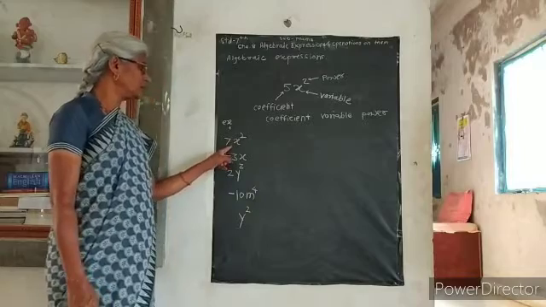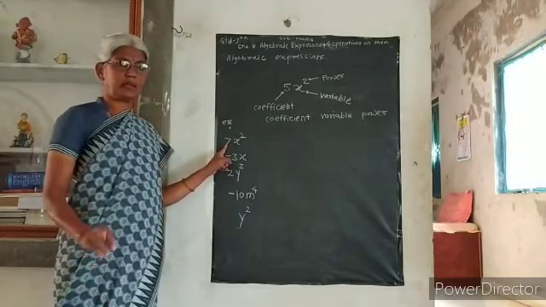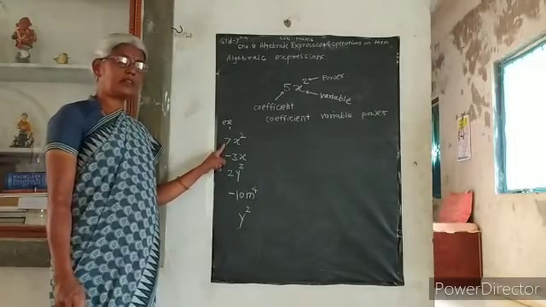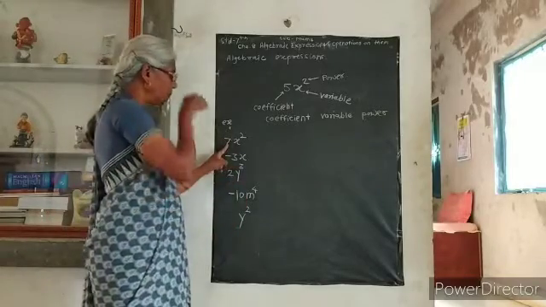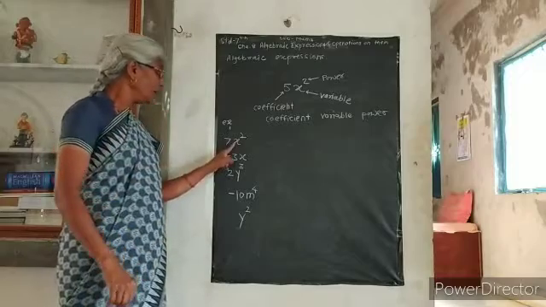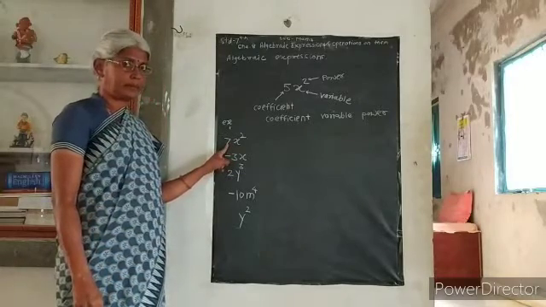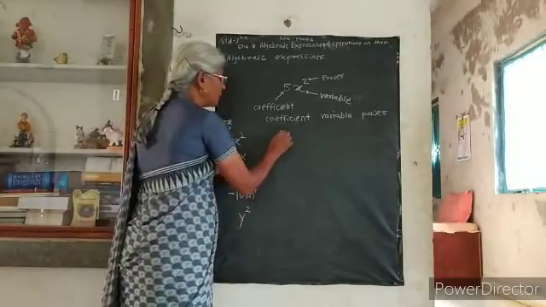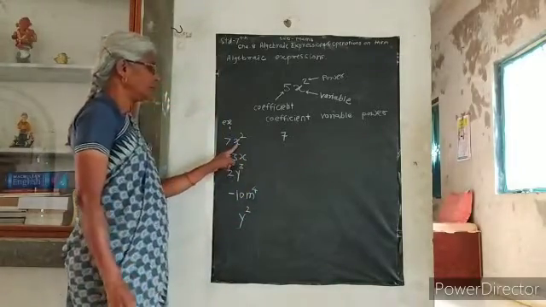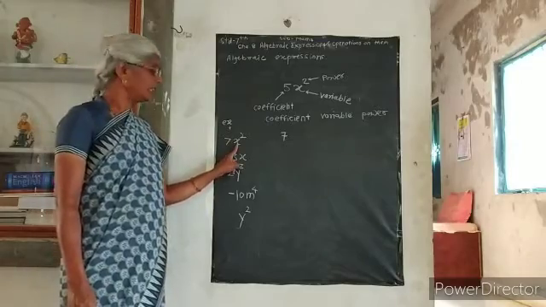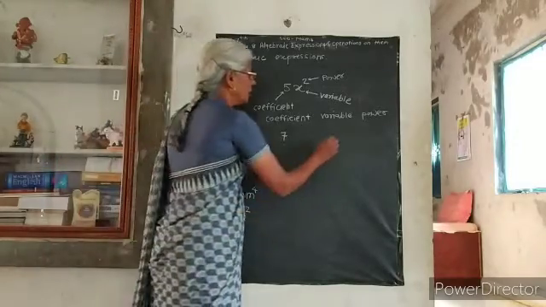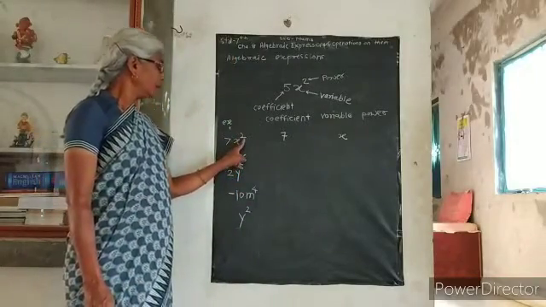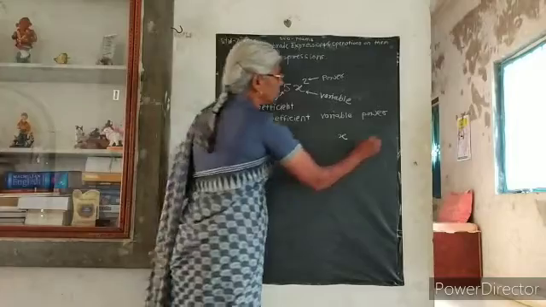See these examples. The first example is 7x squared. Which is the coefficient? The number written multiplying the variable is called the coefficient. Then 7 is the coefficient. Which is the variable? Which letter is used here? x. Therefore, x is the variable. And the power of x is 2.